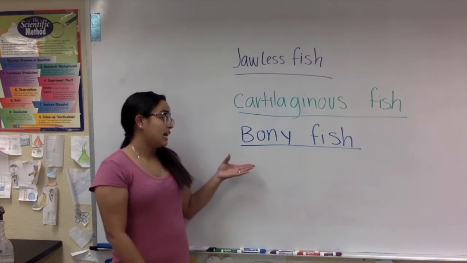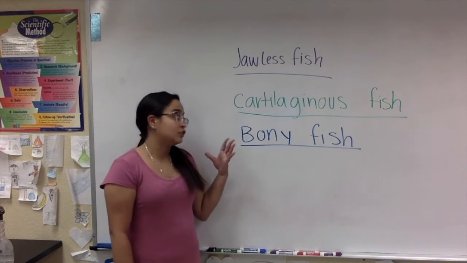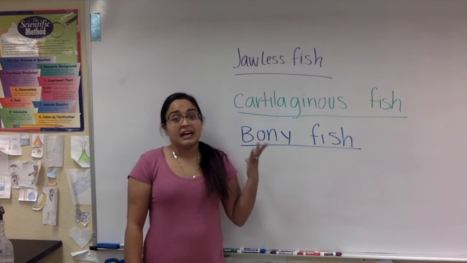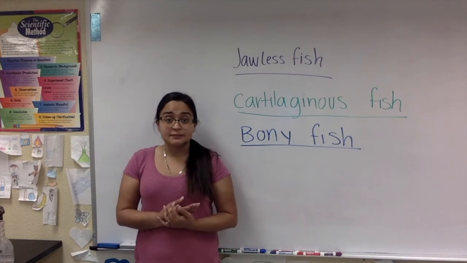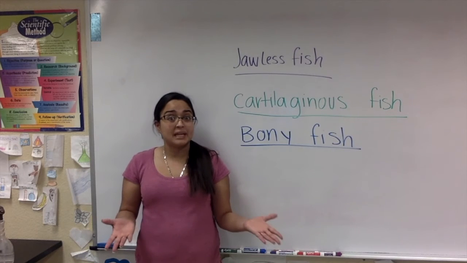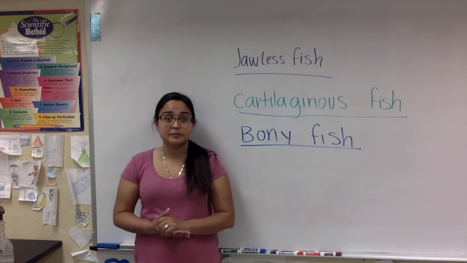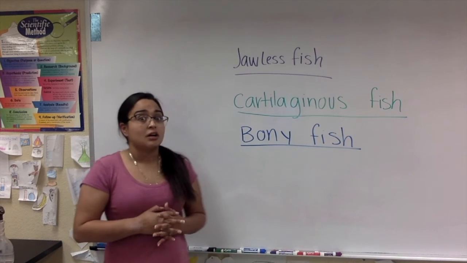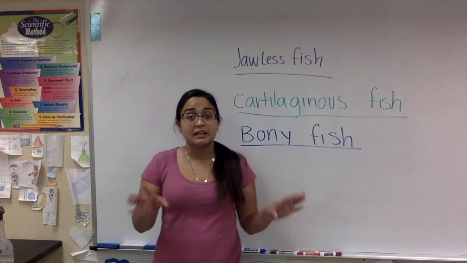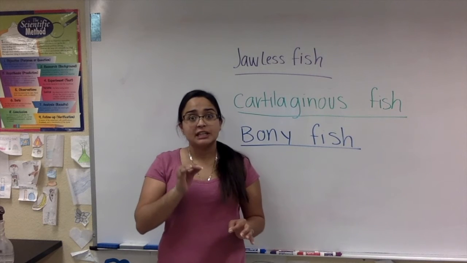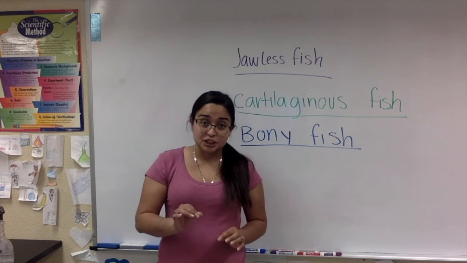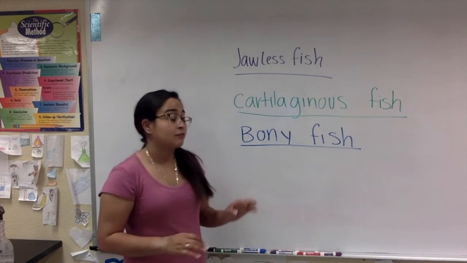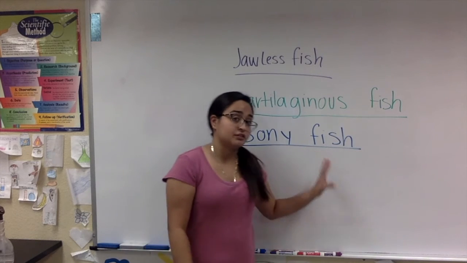Lastly, we have the classification of bony fish. And as the name implies, these fish are made out of hard bone, meaning that there are many of them. There are actually 30,000 species of fish that fall under the category of bony fish.